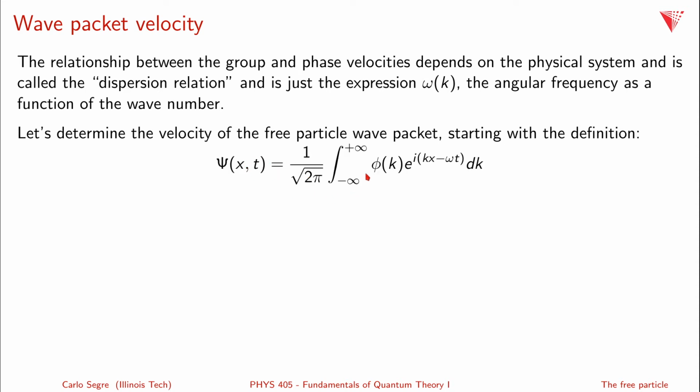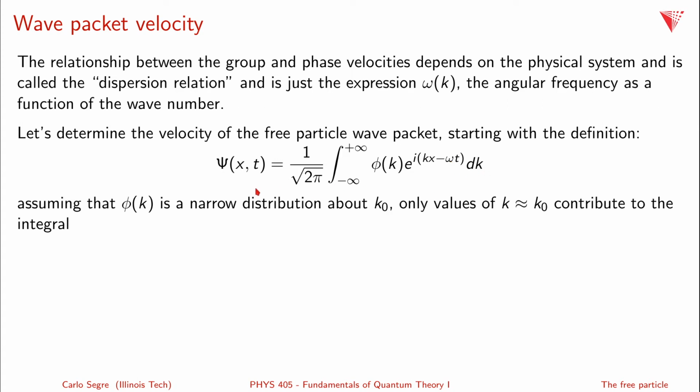A wave packet is given by 1 over square root of 2 pi, integral from minus infinity to infinity, phi of k e to the i (kx minus omega t) dk. If we assume that phi of k is a narrow distribution around some central value k sub 0, then only the values of k approximately equal to k0 contribute to the integral.